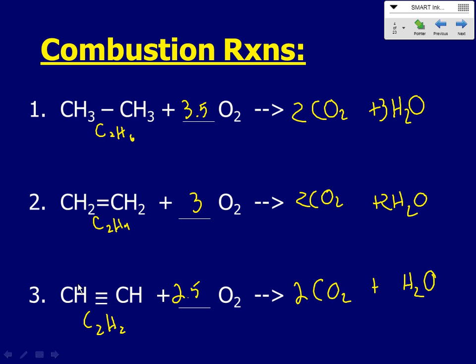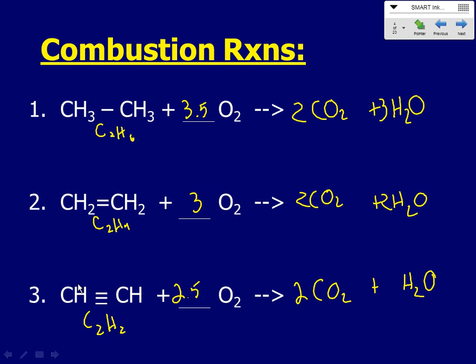Now a lot of companies are adding ethanol to the gasoline. We haven't talked about alcohols yet; we will a little later on. But ethanol looks like this: CH3CH2OH. It's very much like our ethane here, except it's got an O in it. Again, per molecule, you're not getting very many carbon dioxides and waters out of that compared to octane in the gasoline.